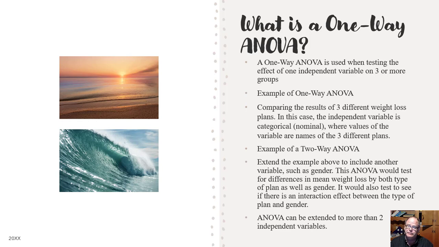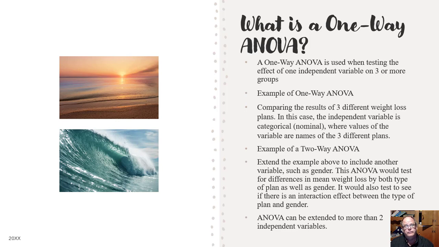There are two different variables, so that would be a two-way ANOVA. It would also test to see if there's an interaction effect between the type of plan and gender. So you get changes by plan, changes by gender, and then maybe a different set of changes where gender and plan interact. This two-way ANOVA could check for all of that.